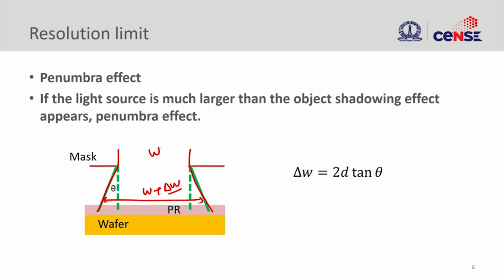And this penumbra effect is going to increase your dimension by this factor, right. And again, this D is nothing but the distance that you have between these two, all right. So we have to be careful about the gap and also your width. So if you increase the gap, you will also increase your penumbra effect, okay. So make sure that you choose the right gap to operate, so that you will get the right critical dimension that you are looking for.